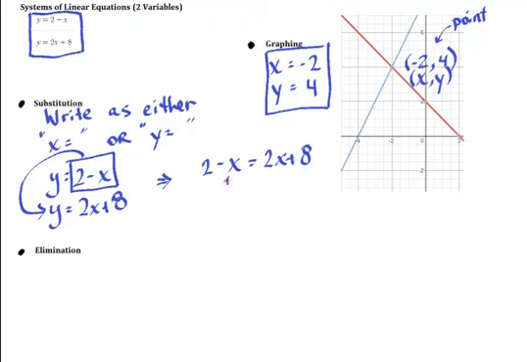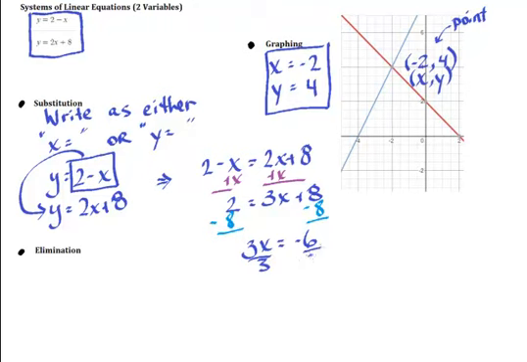I'm going to add x to both sides, and I will end up with 3x plus 8 on one side, and 2 on the other. Subtract 8 from both sides, and I'll end up with 3x equals -6, and then dividing both sides by 3, I'll get that x equals -2.